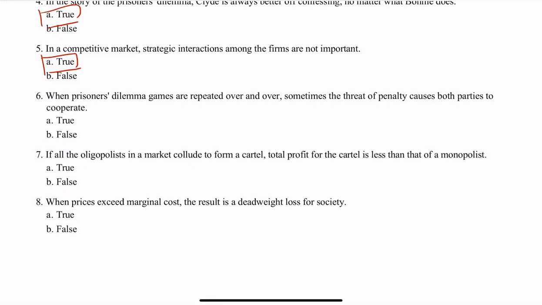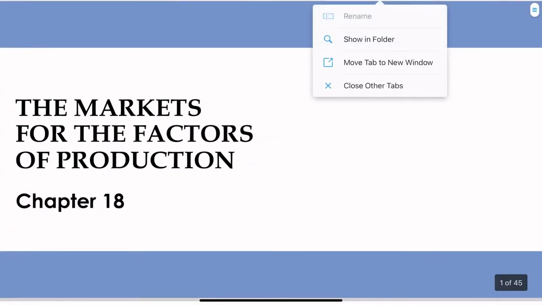Sixth, when prisoners' dilemma games are repeated over and over, sometimes the threat of penalty causes both parties to cooperate. So we learned about this, right? We actually looked at a small example.